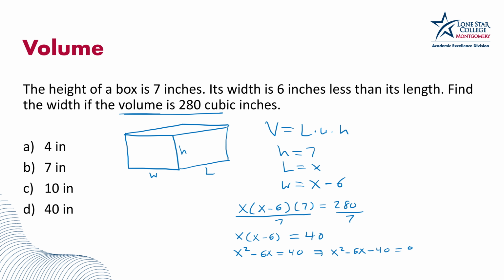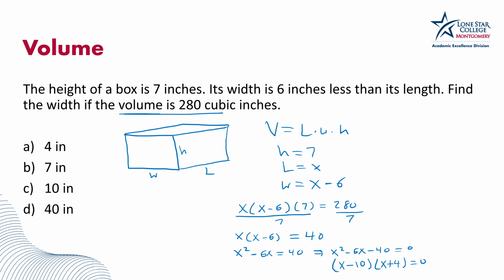So we should be able to factor this. We think about 2 numbers that multiply to get negative 40, but add to get negative 6. That would have to be x minus 10 and x plus 4. Because negative 10 times positive 4 is negative 40, and negative 10 plus 4 equals negative 6.